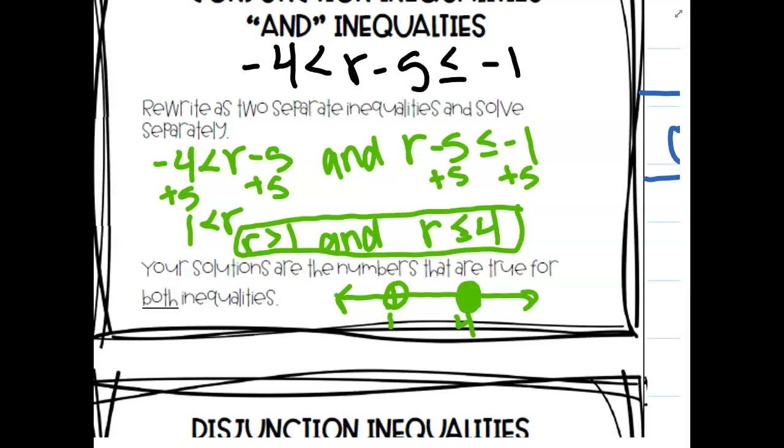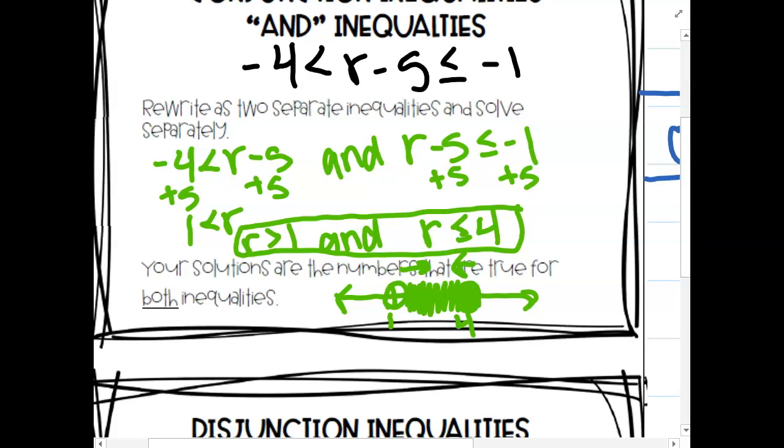What I like to do is take the first one, and I'm not necessarily going to shade it, but if r is greater than 1, this inequality would be shaded to the right. And then r is less than or equal to 4, that inequality would be shaded to the left.